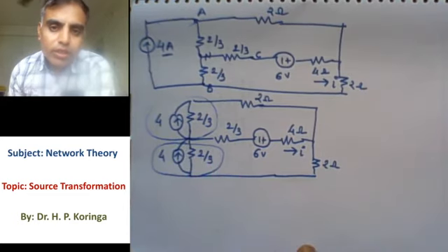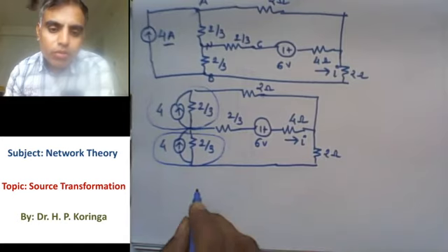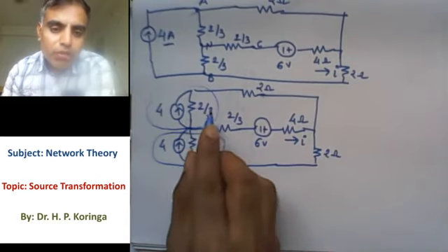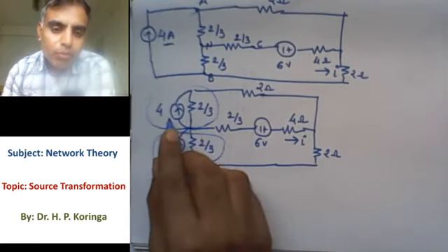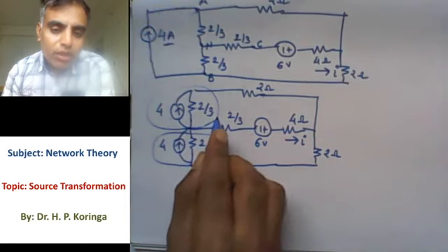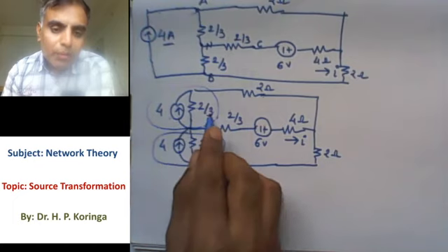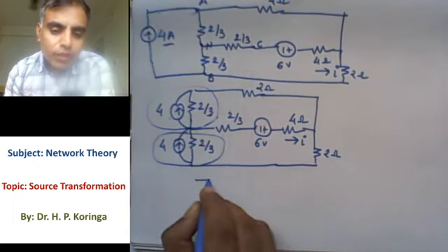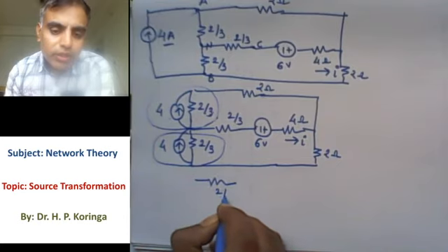So let me convert this current source into the equivalent voltage source. If we convert this current source into the equivalent voltage source, then 4 multiplied by 2 by 3 will be the value of the voltage source, with the resistance in series.